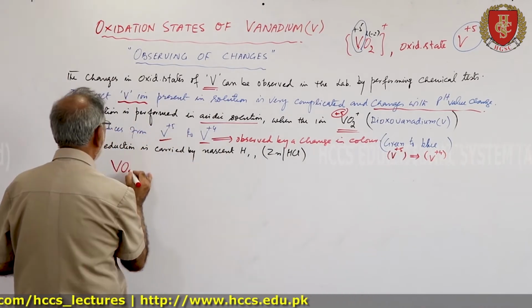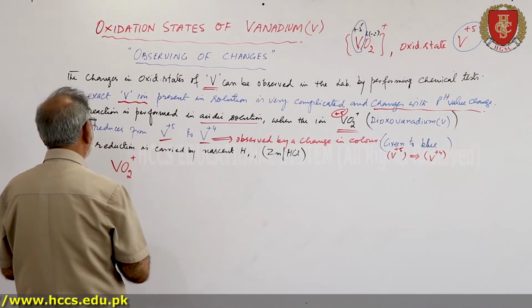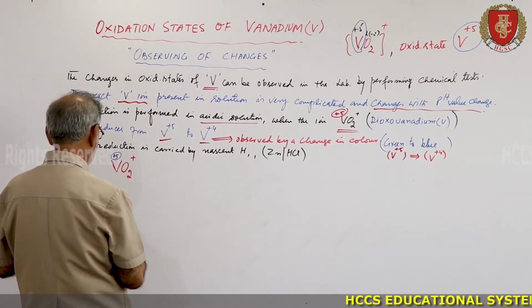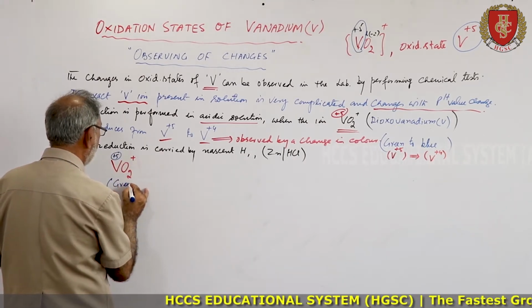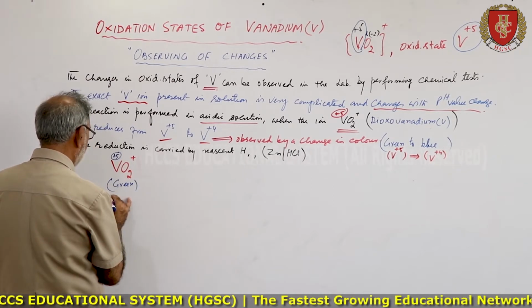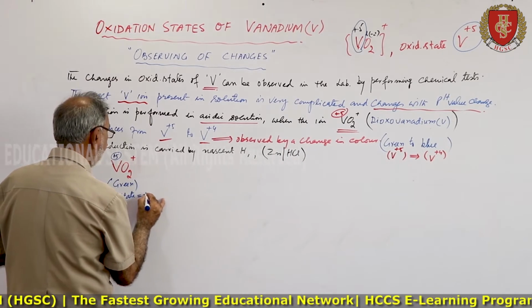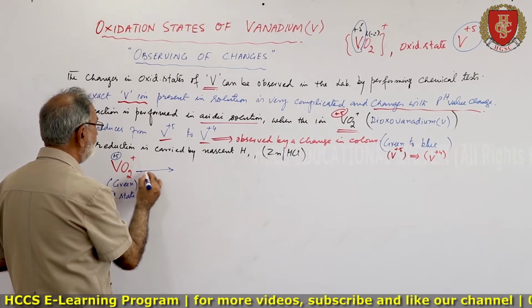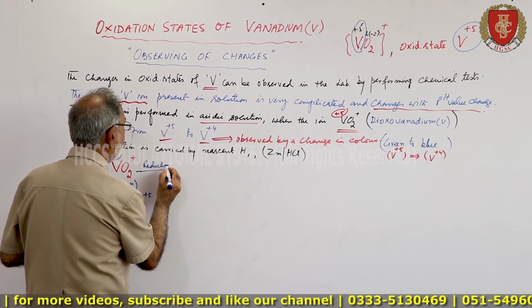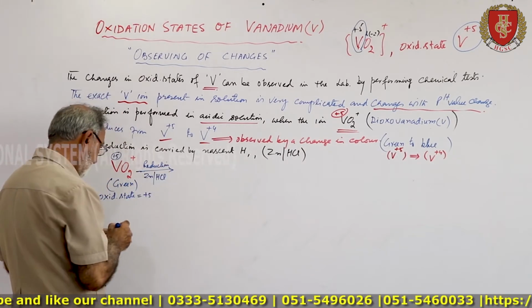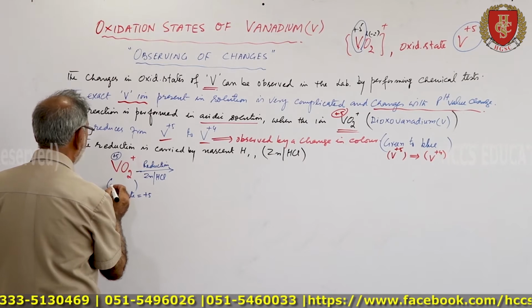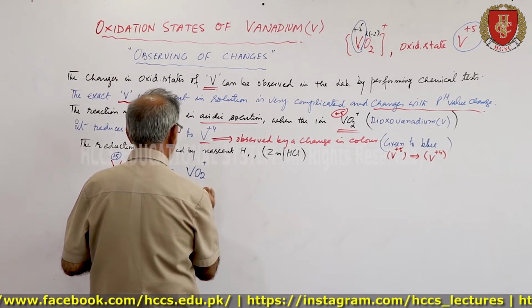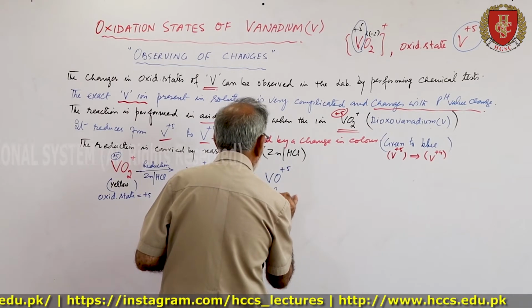VO2+, here the oxidation state is +5, it is yellow in color. Now this changes by reduction, with Zn and HCl, to green, and then blue.